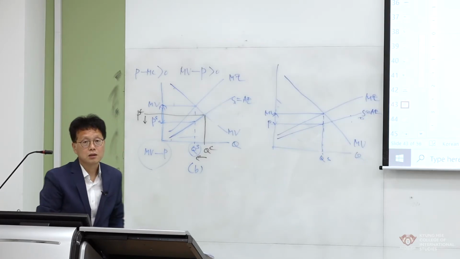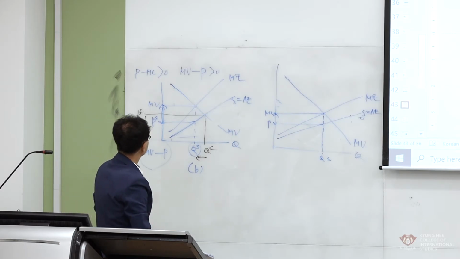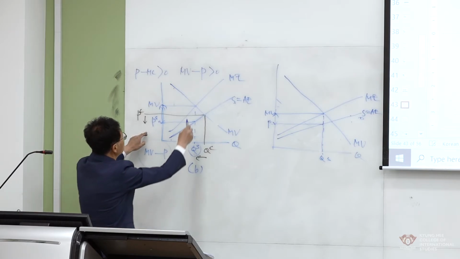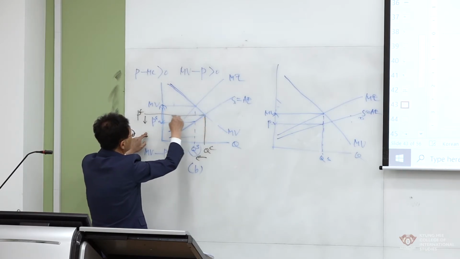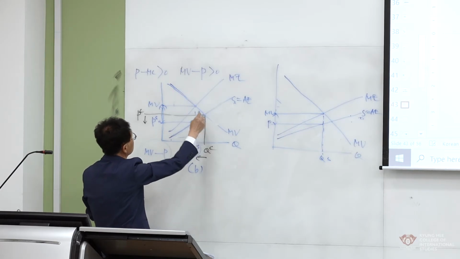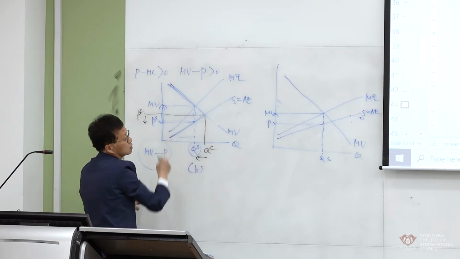Okay? So we know, anyway, we're using this one. In the competitive case, consumer surplus is this one. In the monopsonic case, consumer surplus is this one, right?